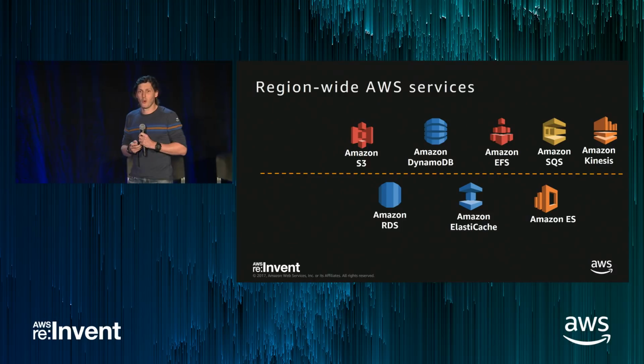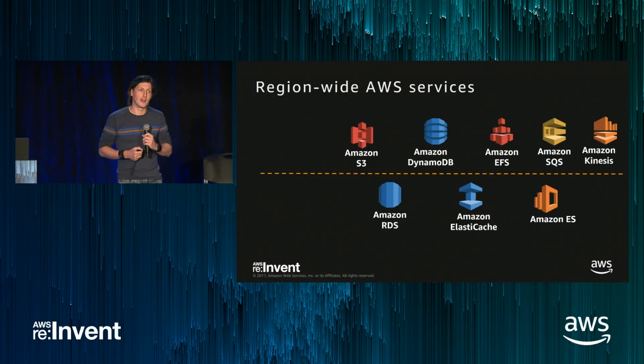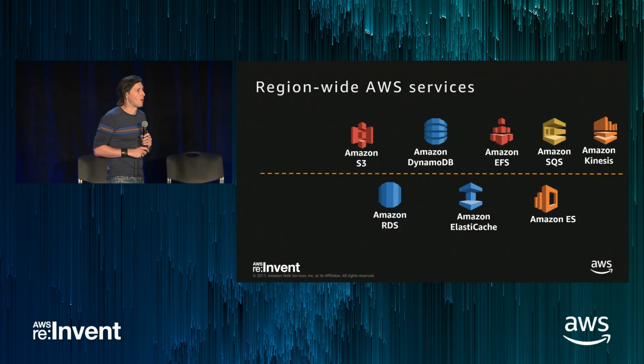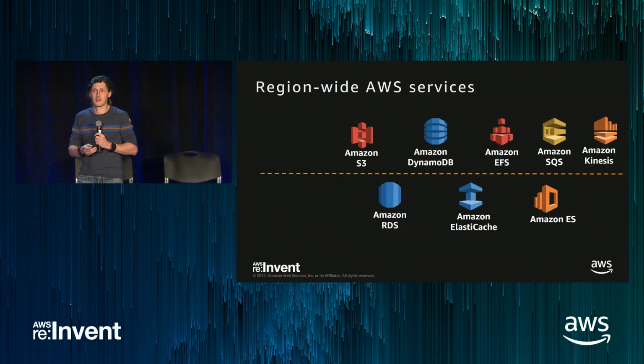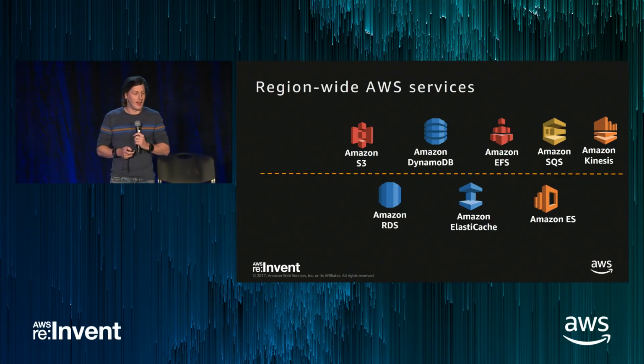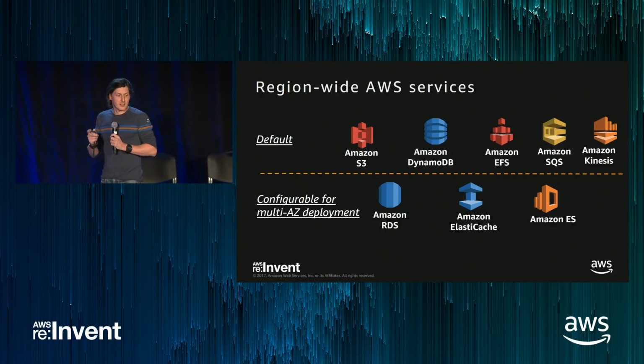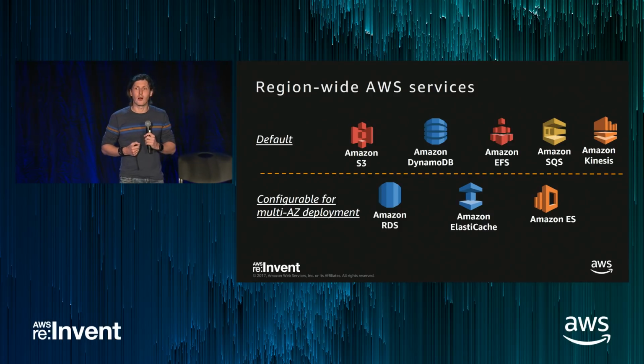We also have region-wide services that span those AZs, often in a transparent way to you so you don't have to worry about it. For example, using S3, you don't think about what AZ it is in. It's spread across three or more. EFS, SQS, Kinesis, DynamoDB, there's a lot of them there. Some of these are default, you don't have to worry about it.